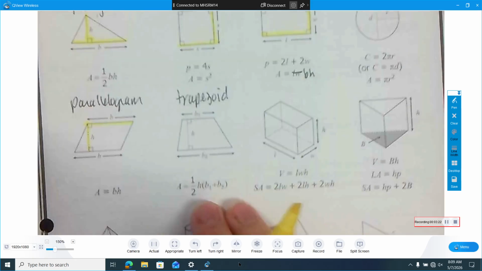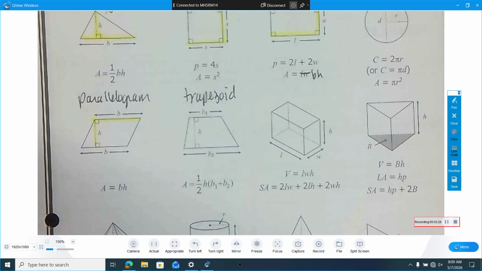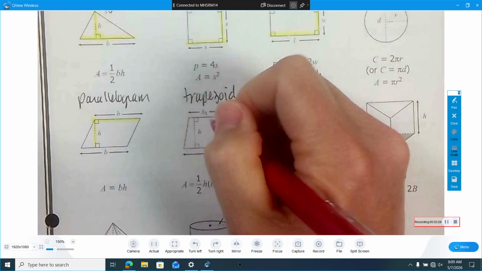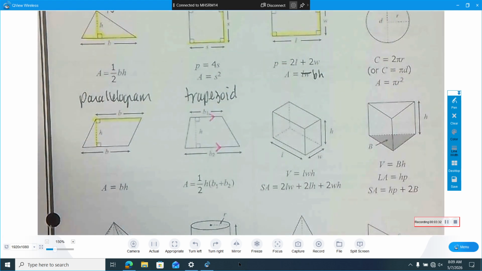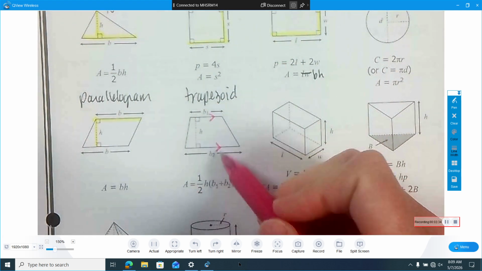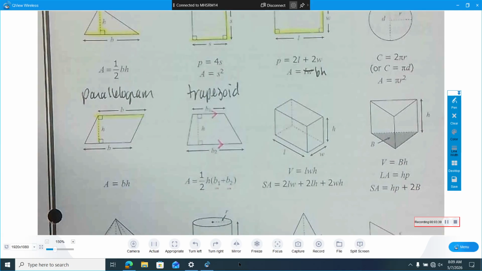And trapezoid is complicated. A trapezoid, if you'll remember, has 2 parallel bases, and those 2 parallel lines are base 1 and base 2. So it's important to identify which lines are parallel, because those are my base 1 and base 2.